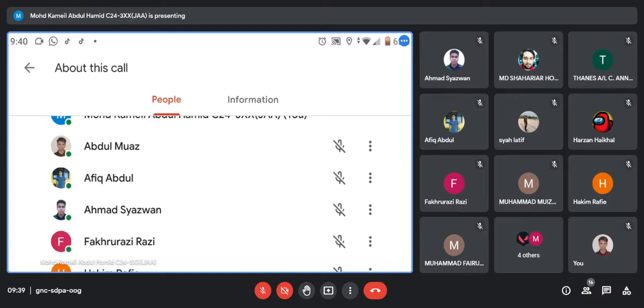Fakrul Razi, okay ke Fakrul Razi? Hakim, dapat tak?